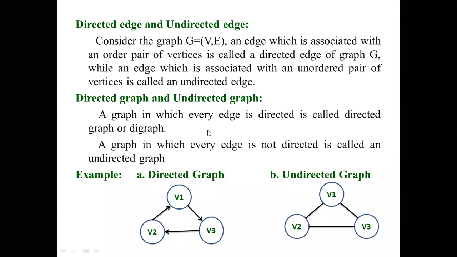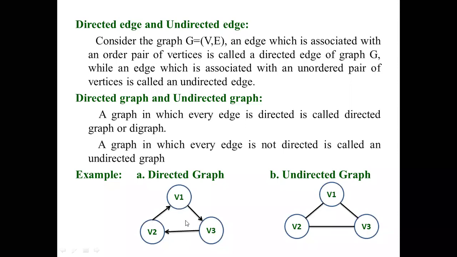Directed graph and undirected graph. A graph in which every edge is directed is called a directed graph, and a graph in which every edge is not directed is called an undirected graph. These are examples of each. In this example, the edges are directed: the edge from V1 to V3, from V3 to V2, and from V2 to V1.